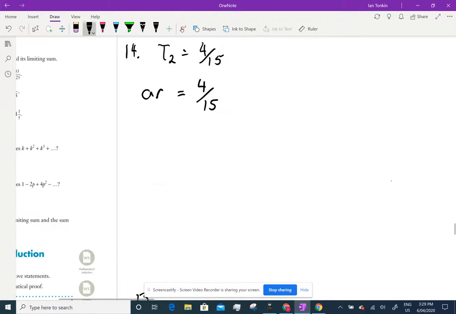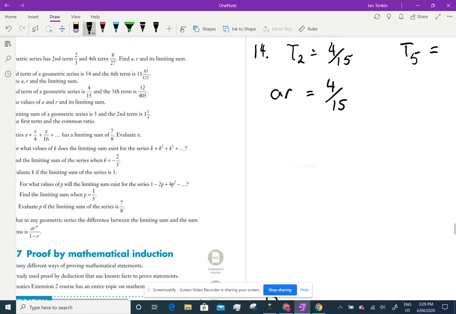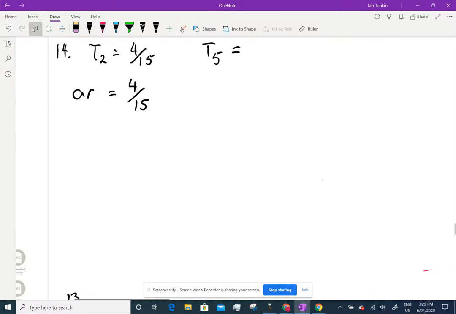The fifth term, T of 5, equals 32 on 405, which is AR to the 4 equals 32 on 405.